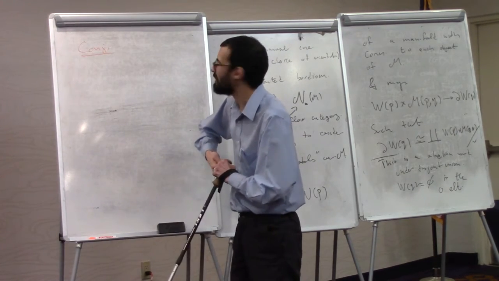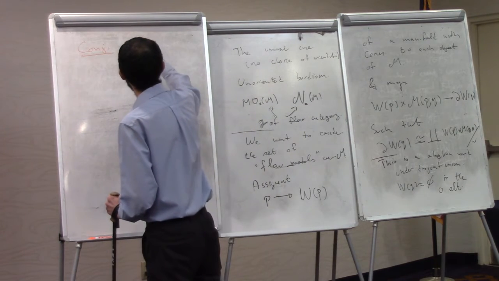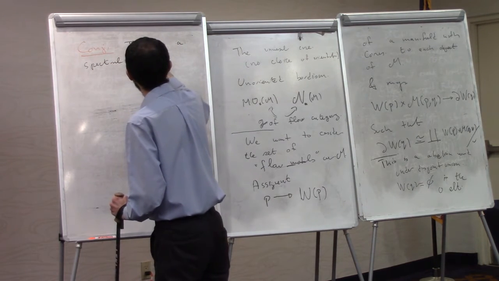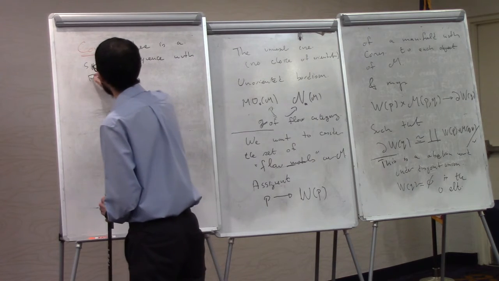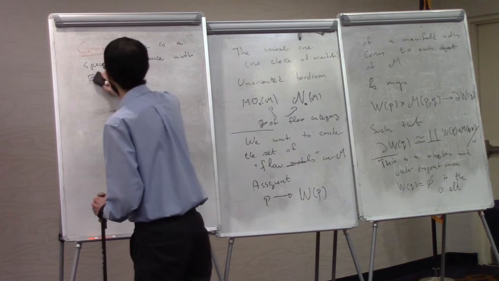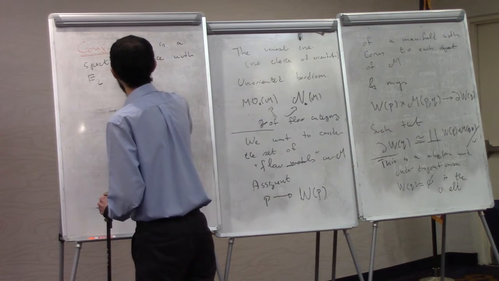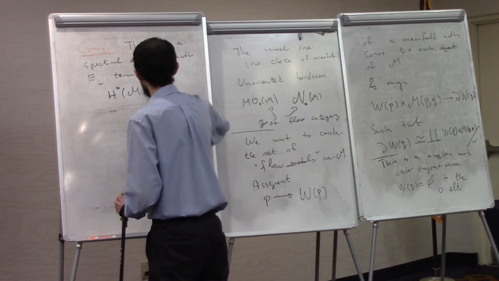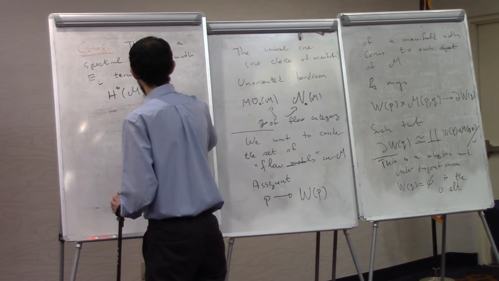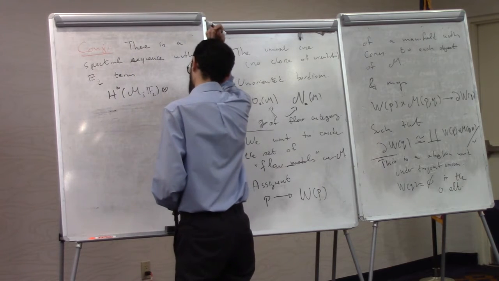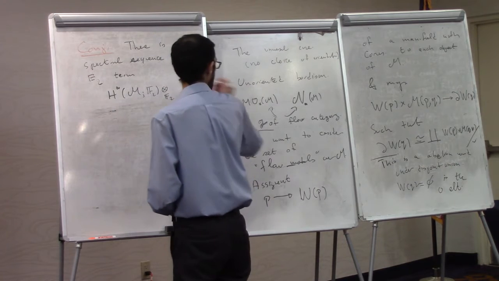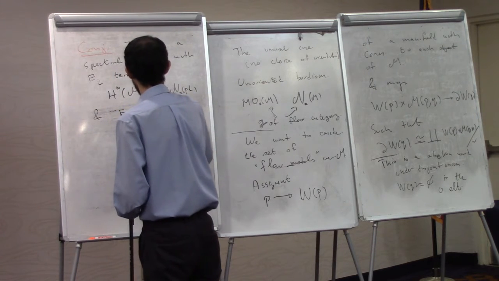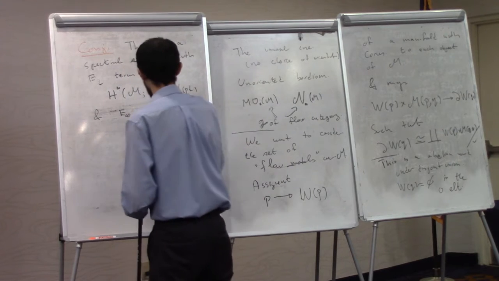The conjecture is that there is a spectral sequence with E2 term the cohomology with F2 coefficients, tensored over F2 with the unoriented bordism of a point, and an E infinity term, what I called the bordism.